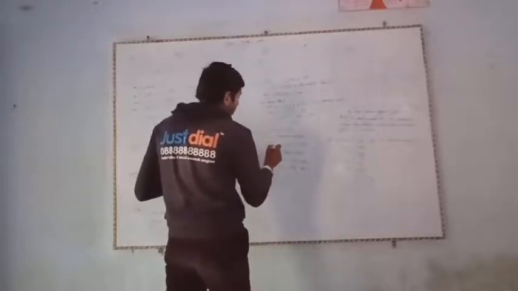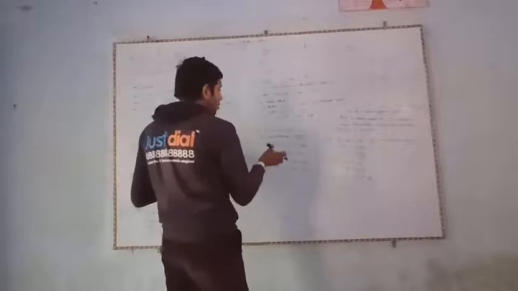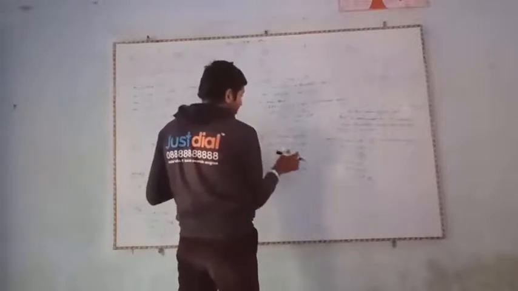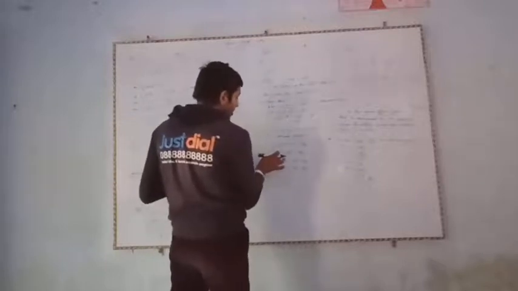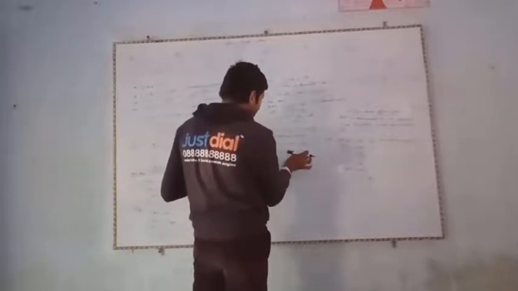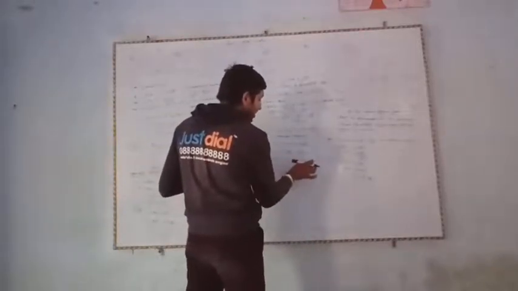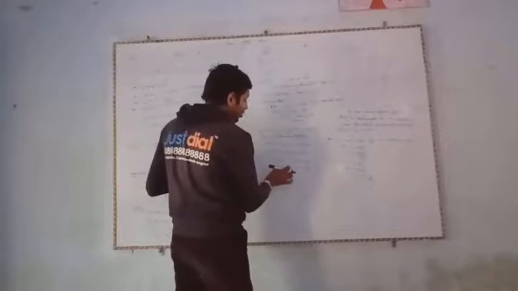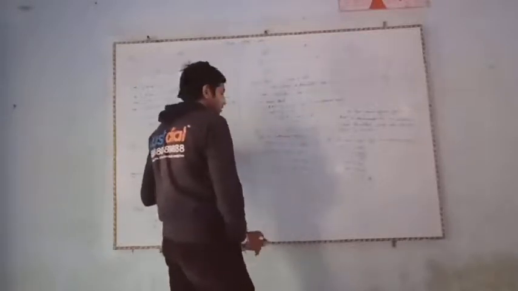So angle EOC plus angle OCD is equal to 180 degrees. Now we put in the value of angle OCD: angle EOC plus 120 degrees is equal to 180 degrees. So angle EOC is equal to 180 degrees minus 120 degrees, which is 60 degrees. This is our answer.